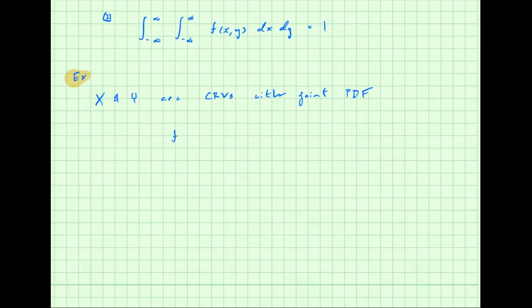So we've got f of x and y, and it's equal to, in the interesting region, k times x plus y. So it's a pretty simple function. This is for x in the region 0 to 2, and y in the region 0 to 3. And then otherwise it's 0.